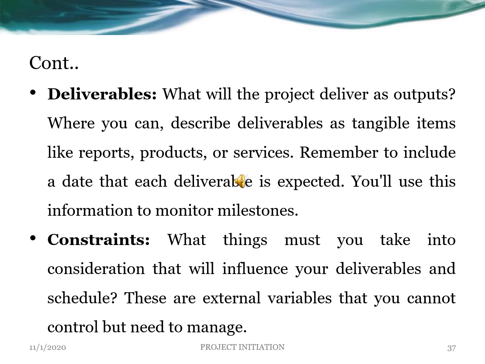You'll use this information to monitor milestones. What are the constraints? That is, what things must you take into consideration that will influence your deliverables and schedule? There are normally external variables that you cannot control but you need to manage.